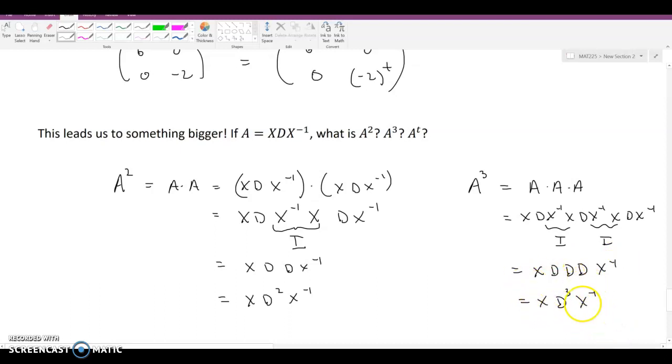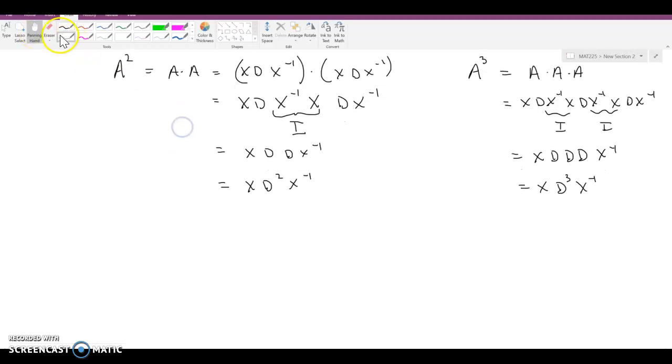And we've got a beautiful observation here. A very easy thing to do. The diagonal matrix will be raised to that power, and X and X inverse still require some computation time, but I no longer have to multiply a lot of matrices together because now we can generalize and say that A to the t will be X times D to the t times X inverse.